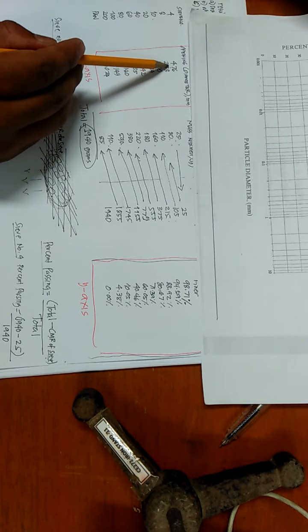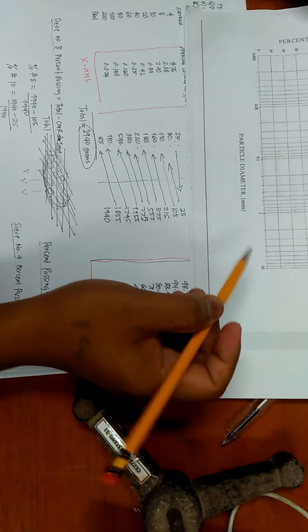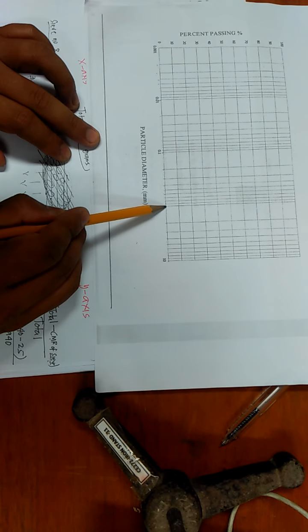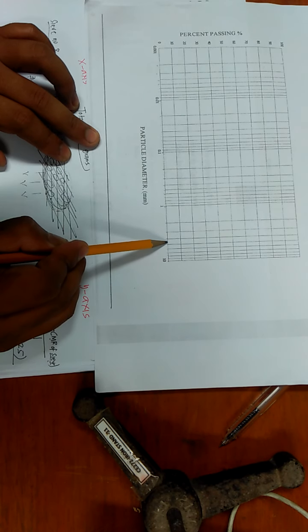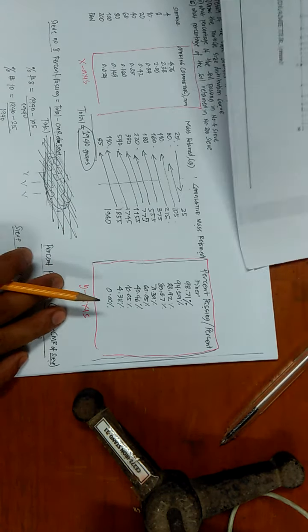So your sieve number 4, your opening is 4.76, which is your x-axis. Saan ang 4.76 natin dito? Let's assume this one: 1, 2, 3, 4, 4.5. Sabihin natin nandito 4.76 mo. And then your percent passing is 98.71.